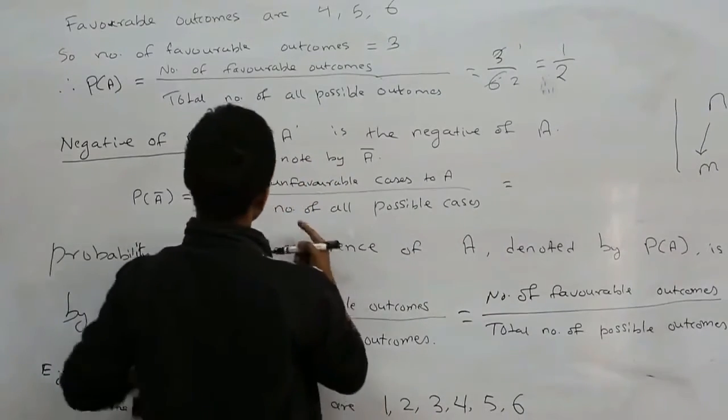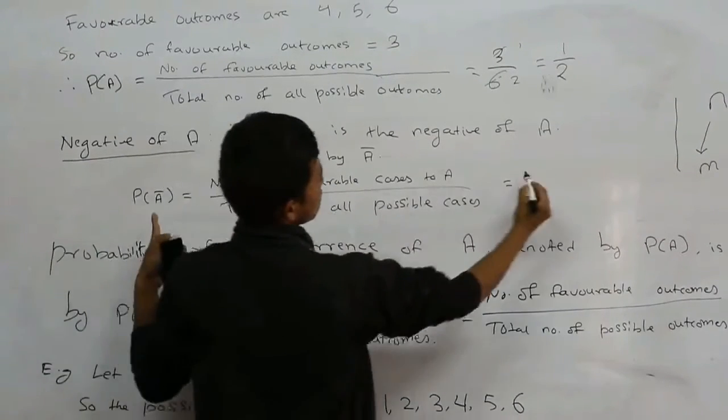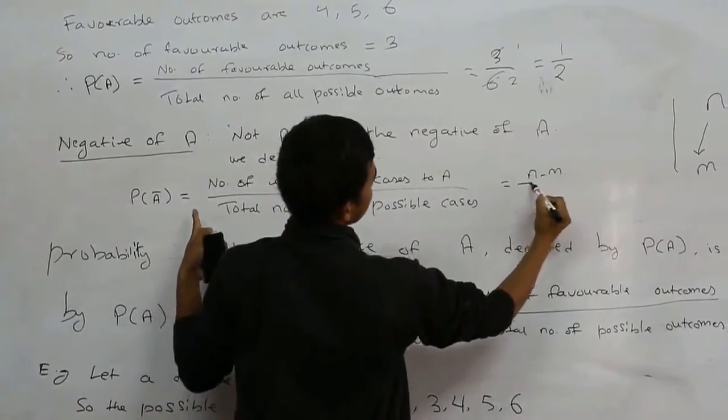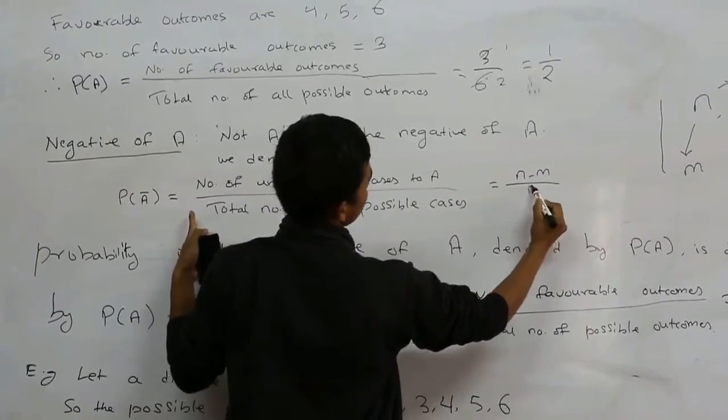The number of unfavorable cases is n minus m, and the total is n.